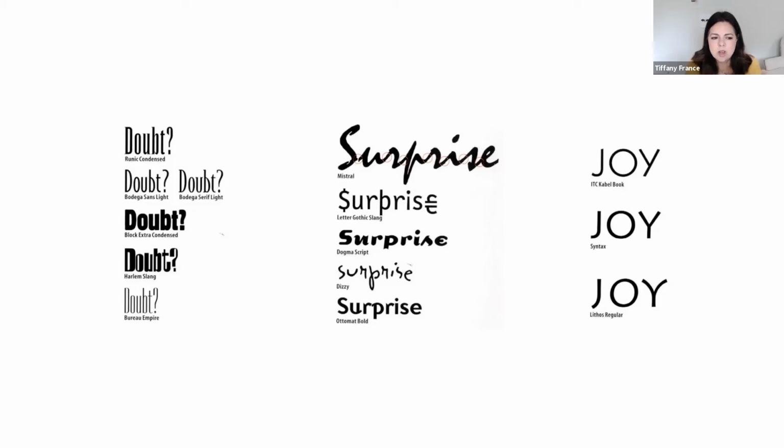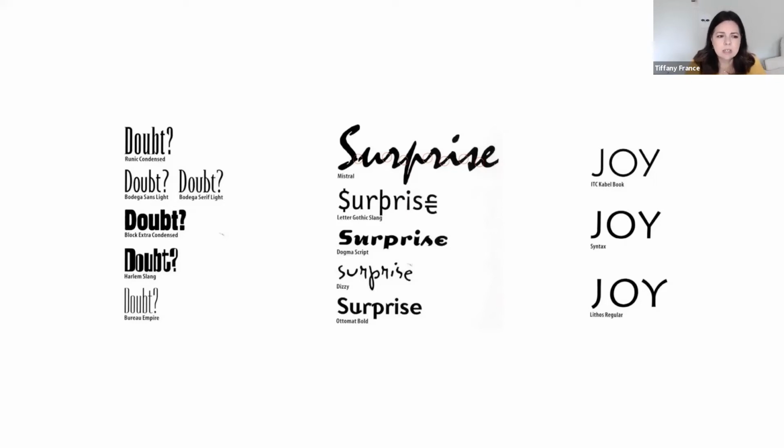All of these typefaces have a personality that's doubtful. If we look at the second line, Bodega Sans Light and Bodega Serif Light, you can see the bowl on the letter B looks like somebody shrugging their shoulders, with a sloping form to it. And that really indicates the feeling of doubt.